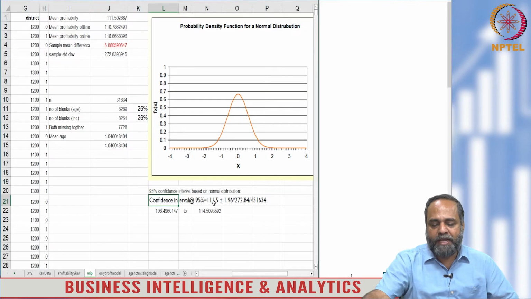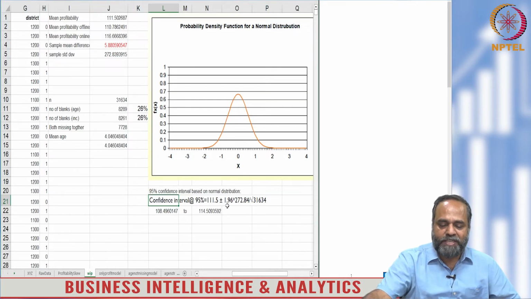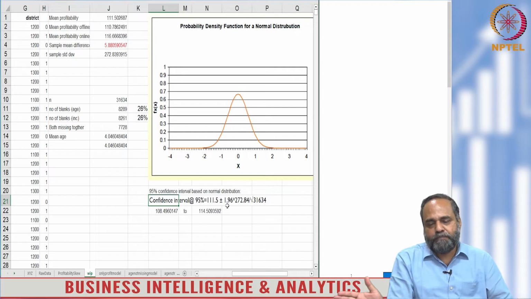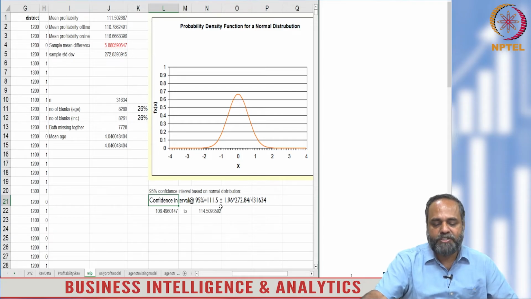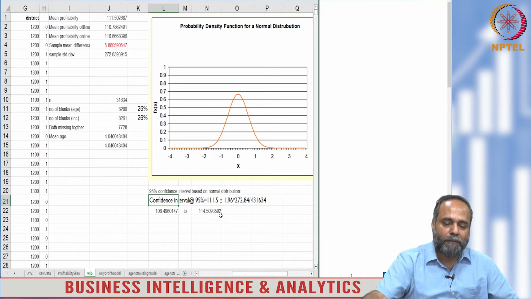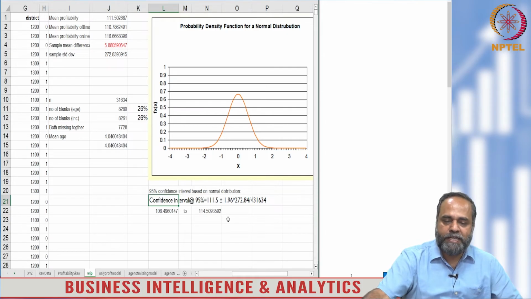I add a positive side and a negative side to that 111.5 to arrive at a range of values. If I take a large number of samples from this population, as the central limit theorem states, the average profitability will lie between 108.49 and 114.50, and we notice that it does not pass through 0.